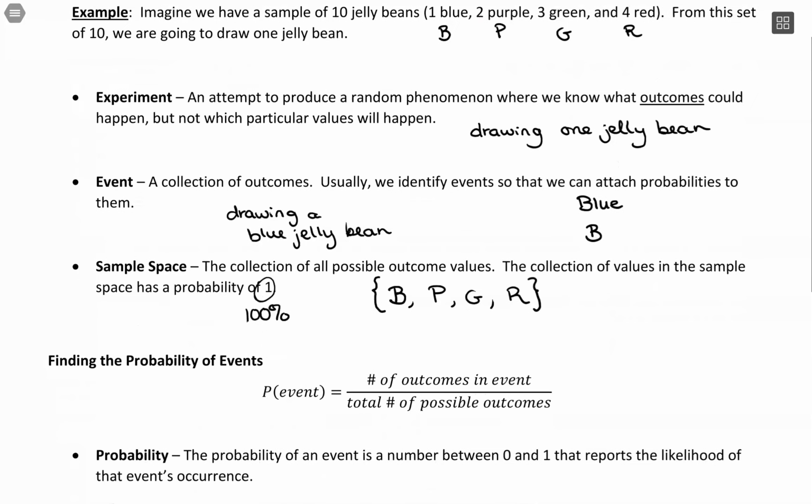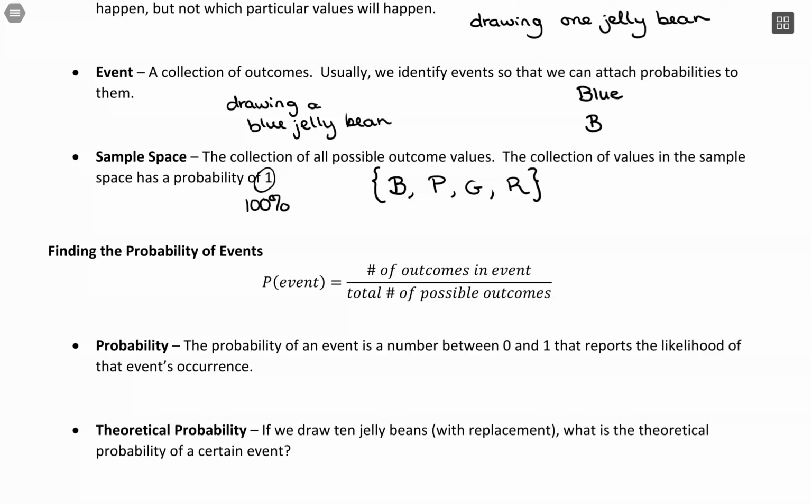Let's talk about notation that we'll see and some ideas connected to probability. So talking about probability, we use this notation where we take capital P and then parentheses, and then we describe our event inside the parentheses. For drawing a blue jelly bean, I would write P parentheses B. P always implies probability, so it'd be probability of, and then my event is blue.